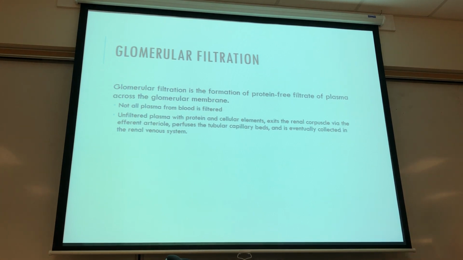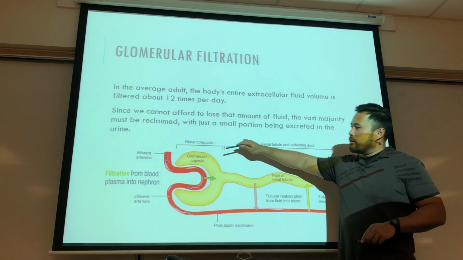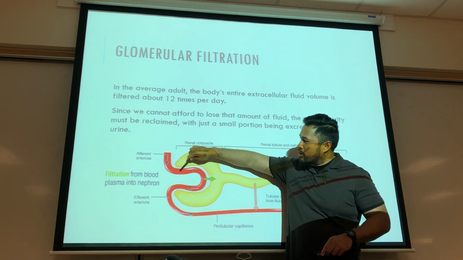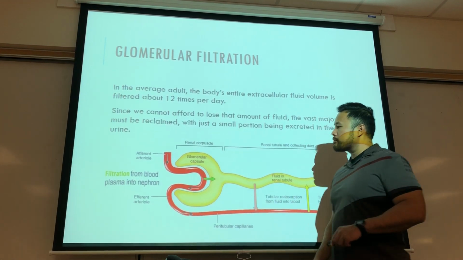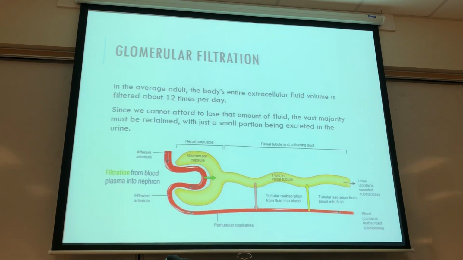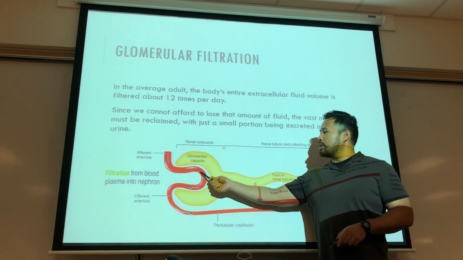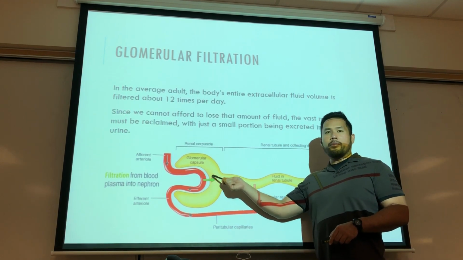So glomerular filtration. I talked a little bit about it earlier, but as I mentioned, the afferent arteriole is going to be feeding blood into the glomerular capillaries. As that blood flows from the afferent arteriole into the glomerular capillaries, you're going to see some of the filtrate pushed out.